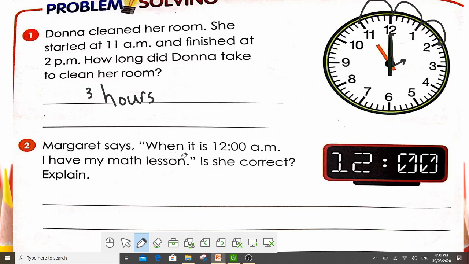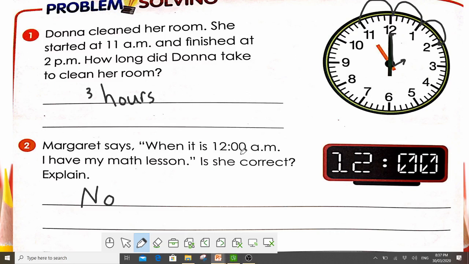Margaret says when it's 12 a.m. I have my math lesson. Is she correct? Explain. When it's 12 a.m. I have my math lesson. You have your math lesson at 12 a.m. at the midnight? No. Is she correct? No. Explain.